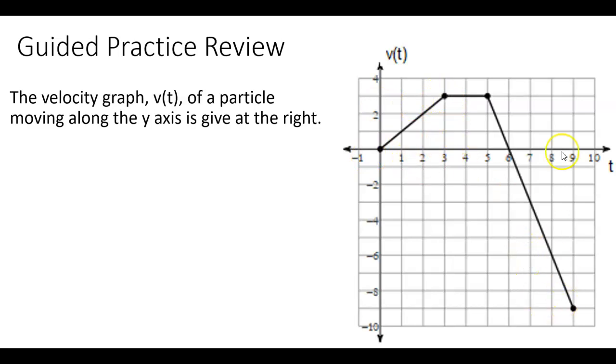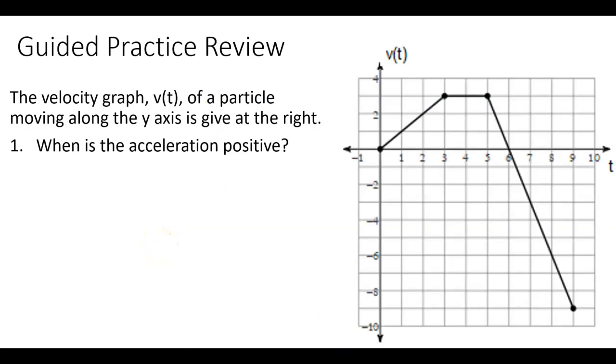Or at t equals 9, the velocity is negative 9. Another factor to keep in mind is that we're talking about an object moving along a y-axis. So in that case, a positive velocity would mean it's moving up, and a negative velocity would mean it's moving down. Remember, velocity tells you direction, right?